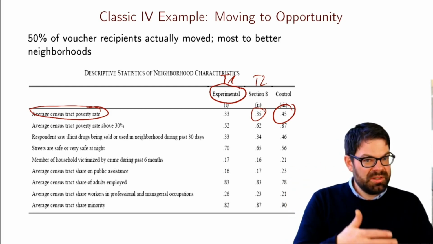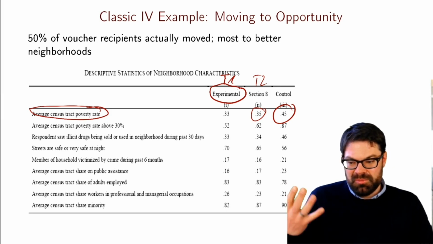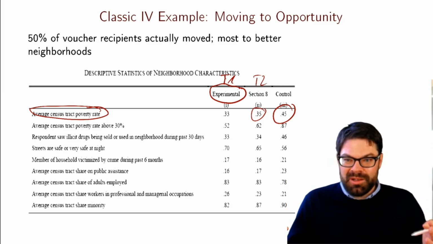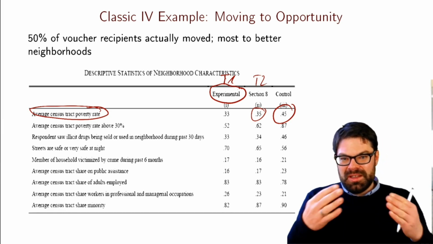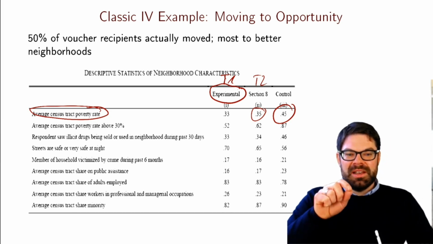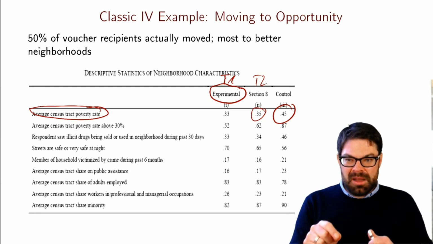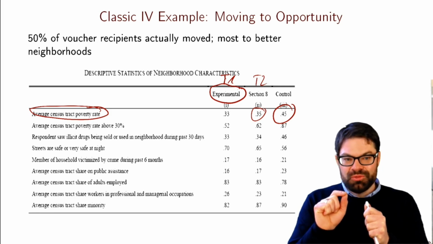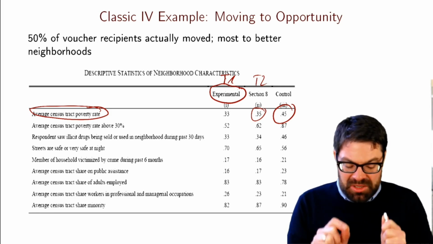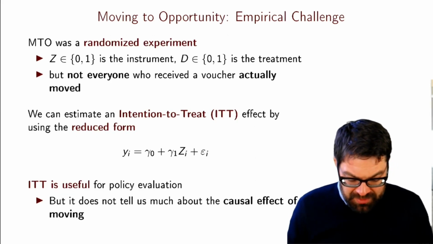Which one is more important depends on the policymakers, what they want to know. But what instrumental variables do, or what the IV framework does, is it relates those two questions and allows us, under assumptions, to give an answer to both. Not a perfect answer, but it allows us to give an answer.